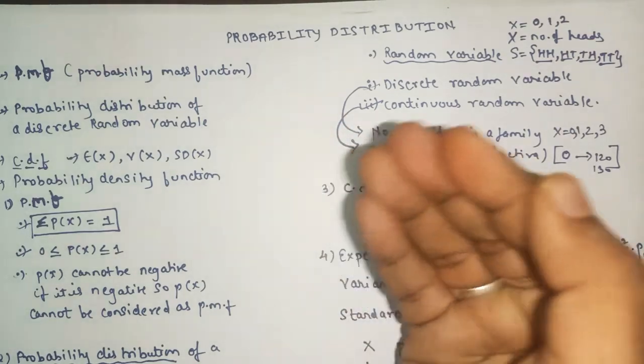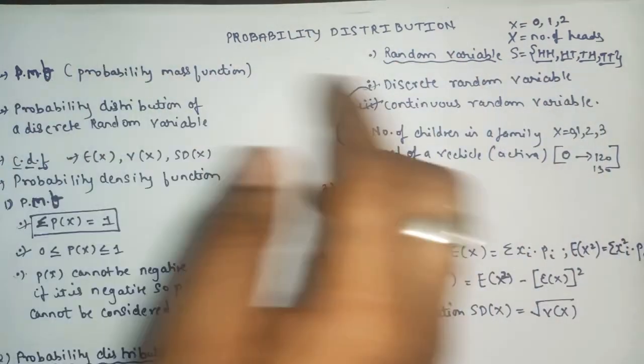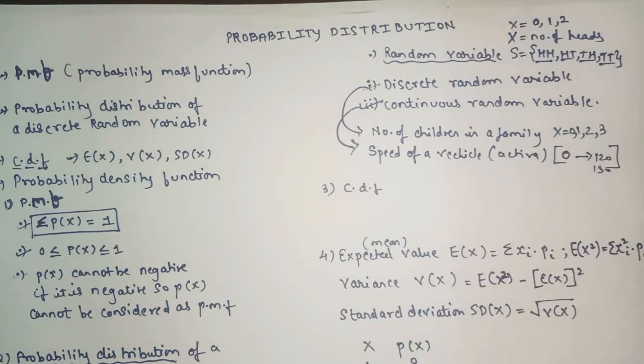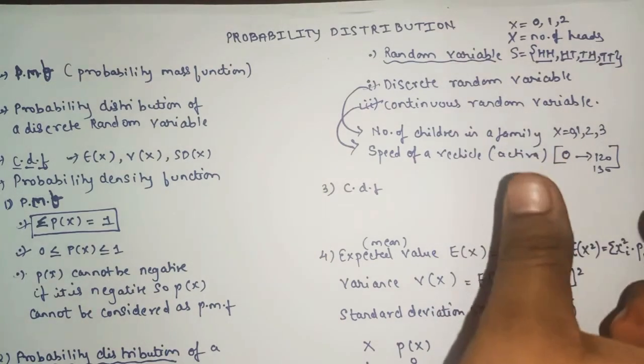It will be more than 0, but it cannot be less than 0. It can be less than 120, 130, but it cannot be more than that. As we take the example of an Activa, it can be 130, 160, not more than that. So it has a certain interval.